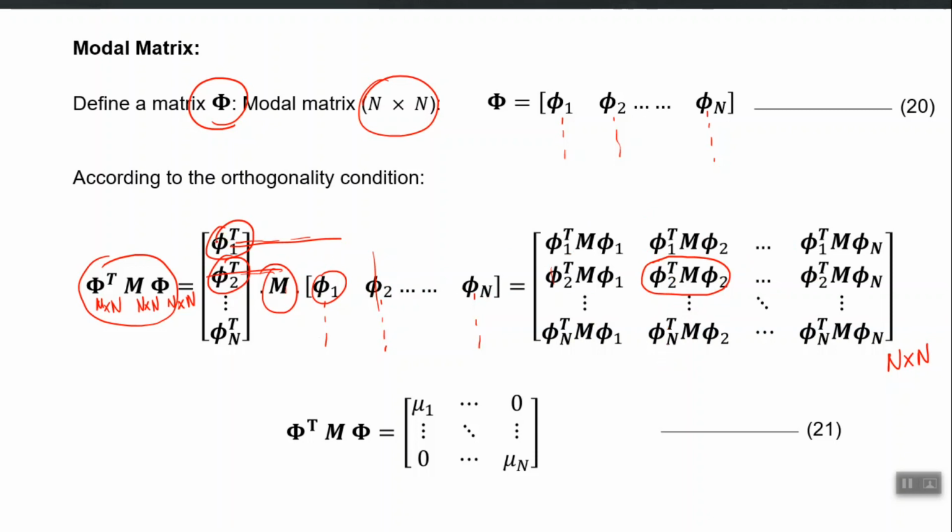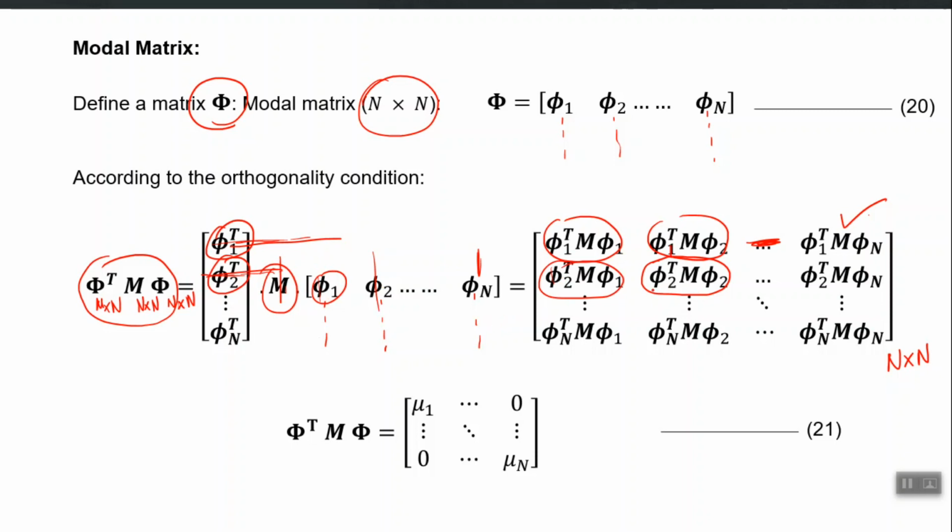So you have first row, mass, first column, this entry; first row, mass, second column, this entry, where you have 1 and 2; first row, mass and third column, third entry here; first row, mass and last, phi n, last entry here. Similarly you can fill the second row of this matrix, mass and first column, this entry.